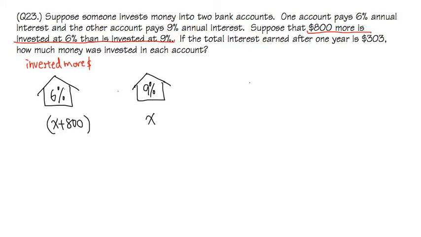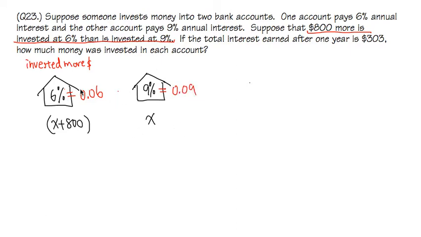And now, here's the interesting part. The interest rate right here is 6%, but you never do calculation with percentage. Change this to a decimal. 6% means 0.06, like that. And 9% is the same as 0.09.